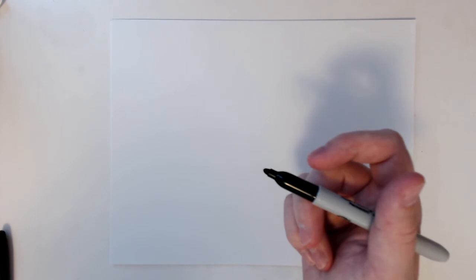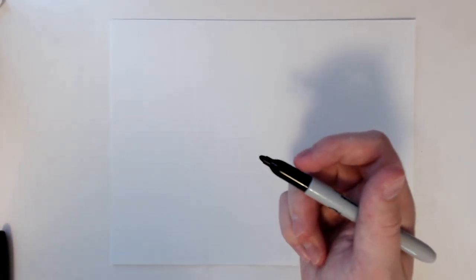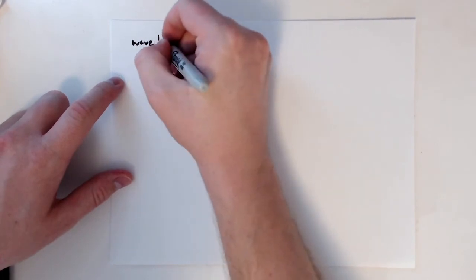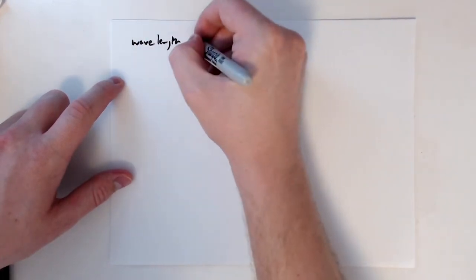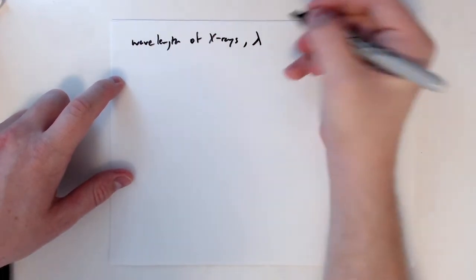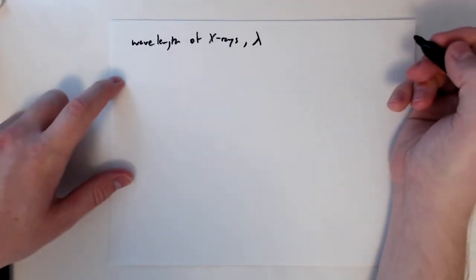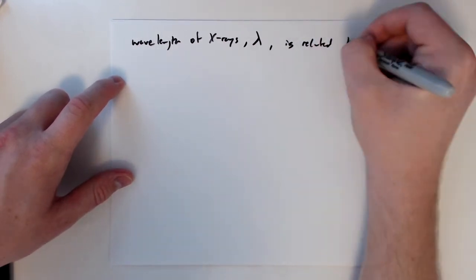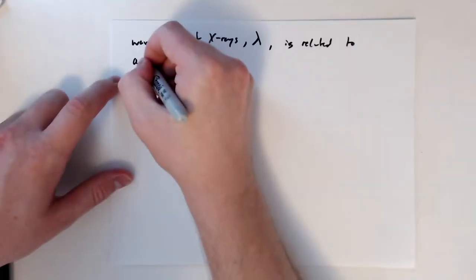All right, from the tube design you just saw, you can see that a certain voltage is applied to accelerate the electrons that then slow down at the target. And so the wavelength of the X-rays, we call lambda, and this is related to the accelerating voltage.